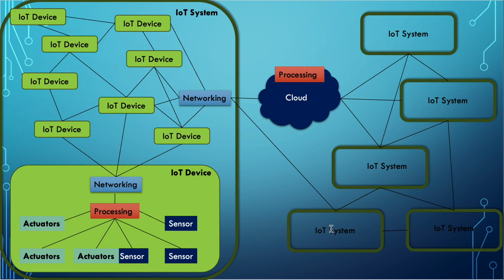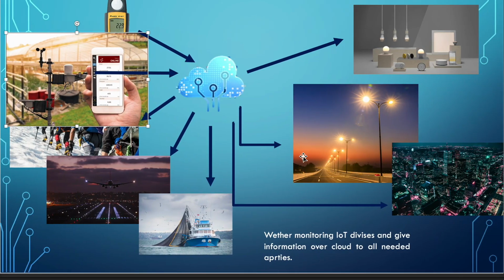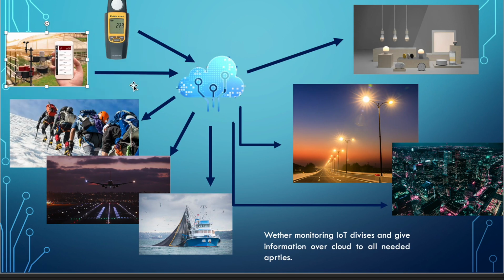Because we looked at examples of IoT systems before, let's look at this. Now you can see, this is an IoT system. There are a set of IoT devices here, which create an IoT system.